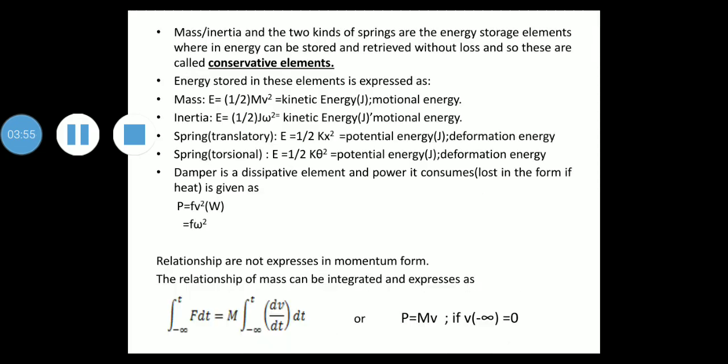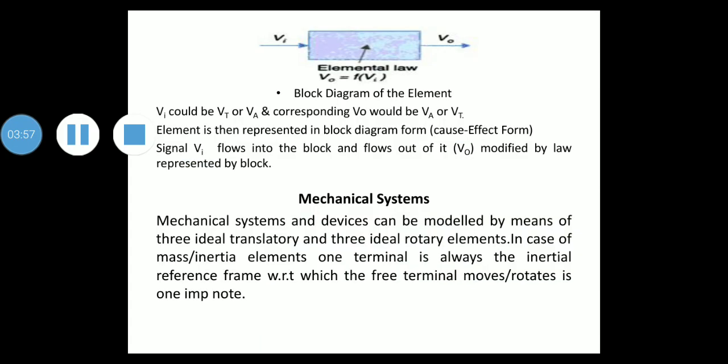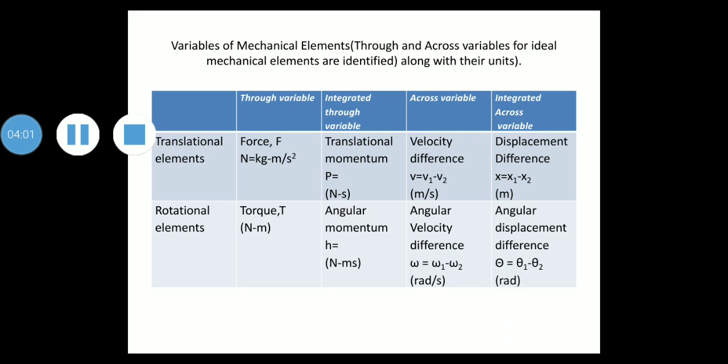Is it clear? Now we are going to have a table that gives us the through and across variables for ideal mechanical elements, which will be shown later.